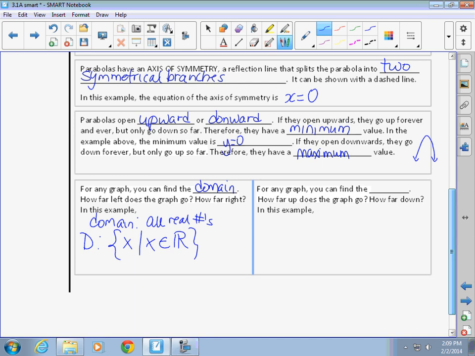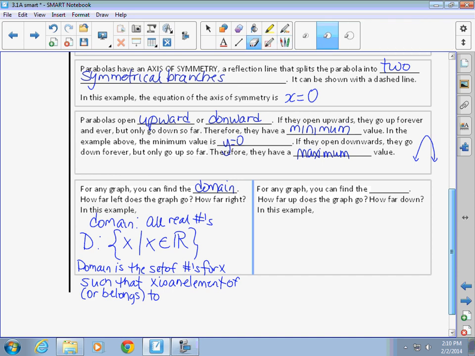So this is read, domain is the set of numbers for x such that x is an element of, or belongs to, real numbers.